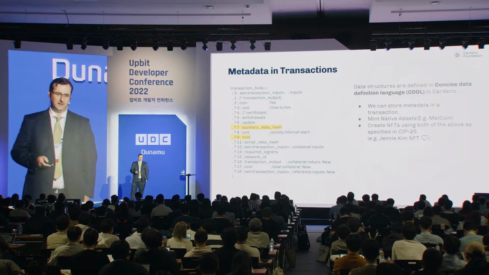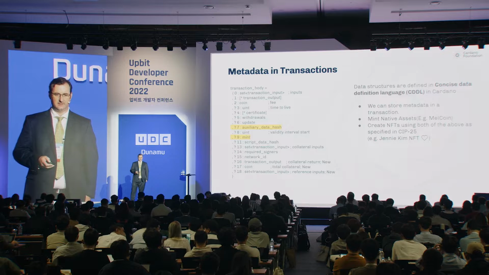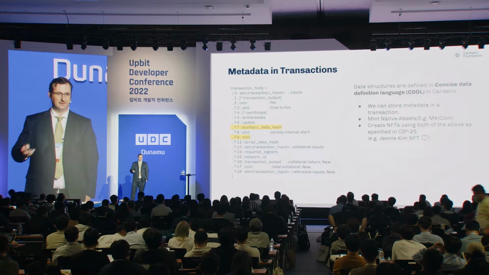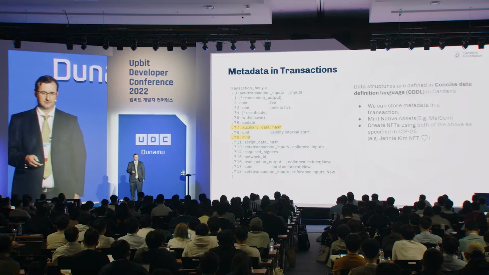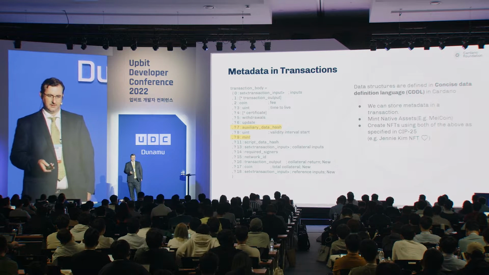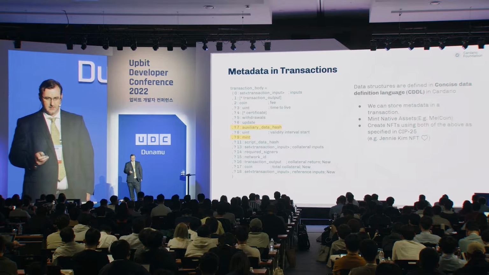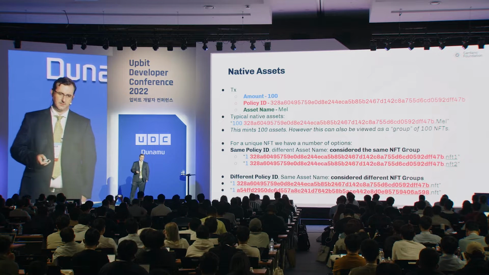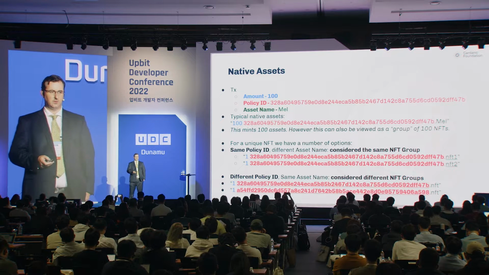So in a transaction on Cardano, you have those 2 fields that I've highlighted. One is data hash, so metadata, and the other one is for minting native assets. Oh, and yeah, we have Melcoin and then Jenny Kim NFT. And how do I do this? So a native asset on Cardano involves you creating an amount, so what you want to mint.